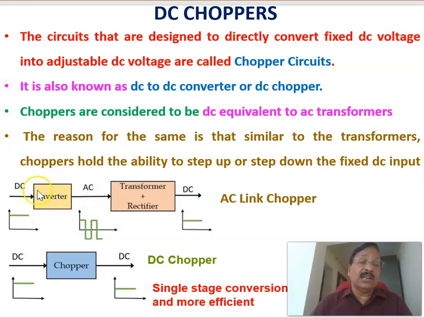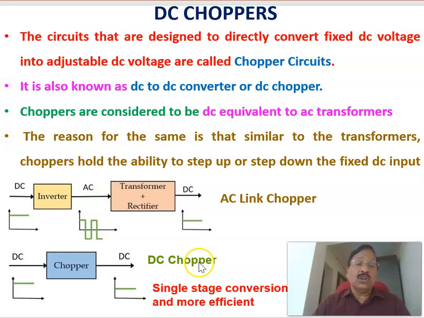An inverter is required to convert the fixed DC into high frequency AC. After that inversion, the voltage is either stepped up or stepped down by the transformer, and then it is rectified. Therefore, you get the required DC output voltage. Three stages are involved in the AC link chopper: inversion, stepping up or down by the transformer, and then rectification.